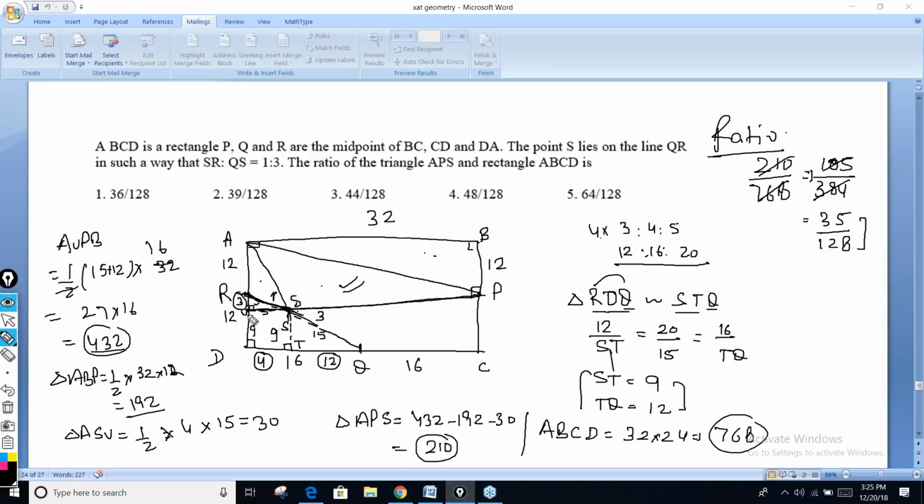This is also 9, so this was 3. Might be some part of the calculation we have missed out. Half base into height, that is 30. Half base into height, that is 192. Mistake could be here also.